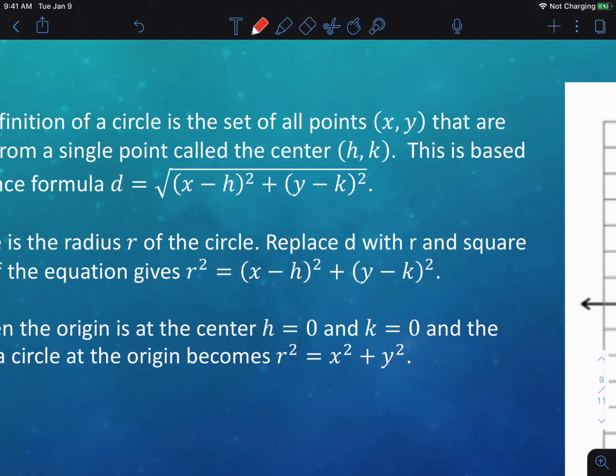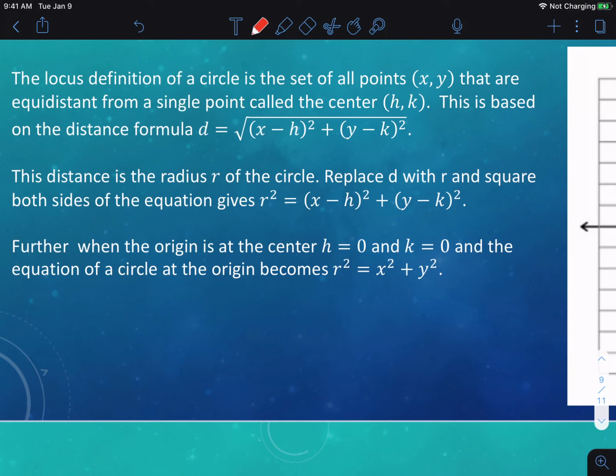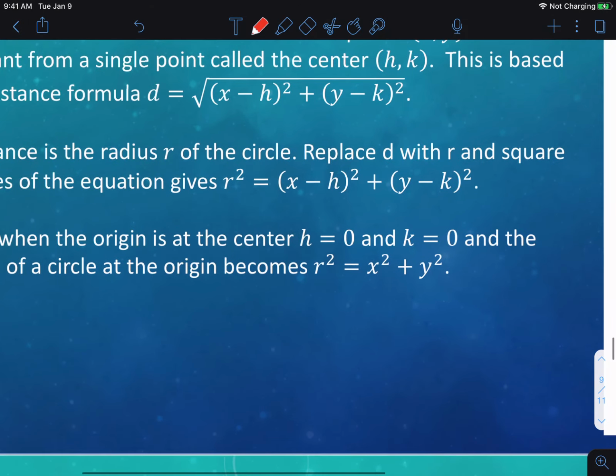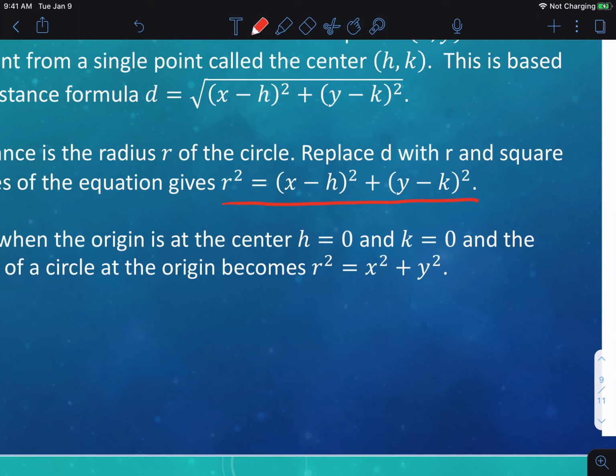Very Pythagorean. So distance then is equal to the square root of (x minus h) squared plus (y minus k) squared. Now, the distance is the radius of the circle, and so when we square both sides of the distance formula, we end up with this equation right here of r squared is equal to (x minus h) squared plus (y minus k) squared.